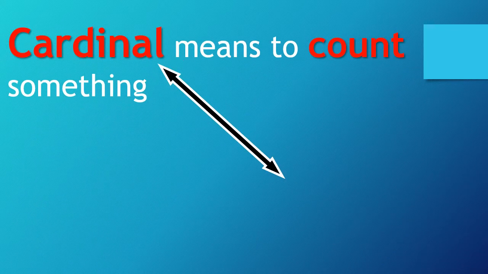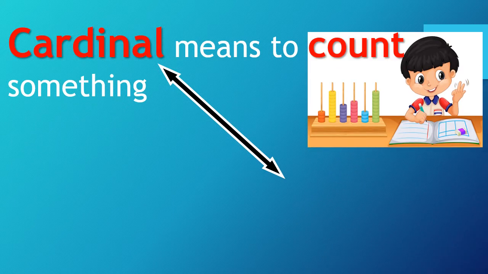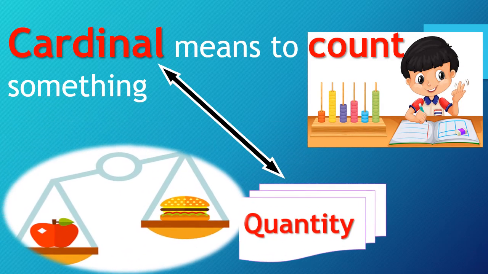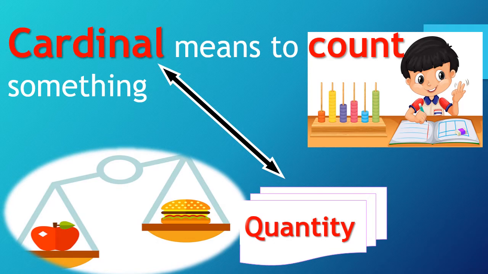Cardinal means to count something, or to count a set of objects. Look at this picture, look at this boy. Look at his fingers. The boy is counting. Great. Now let's see these cardinal numbers.